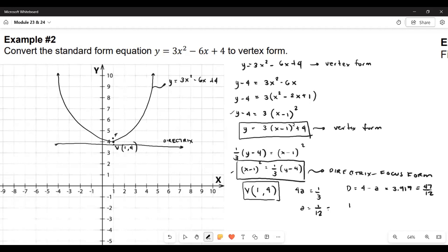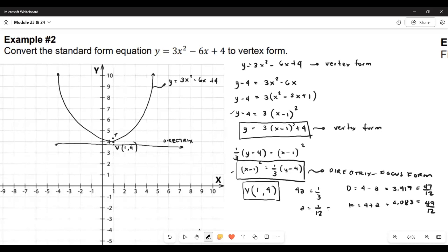And then yung ating focus is 4 plus a, or 49/12, or 4.083 in decimal form. Okay? So, pwede na natin siya i-graph. So, dito lang talaga siya magpo-fall. Dito lang sa portion na to. No? So, almost tama naman yung ating values na nakuha.